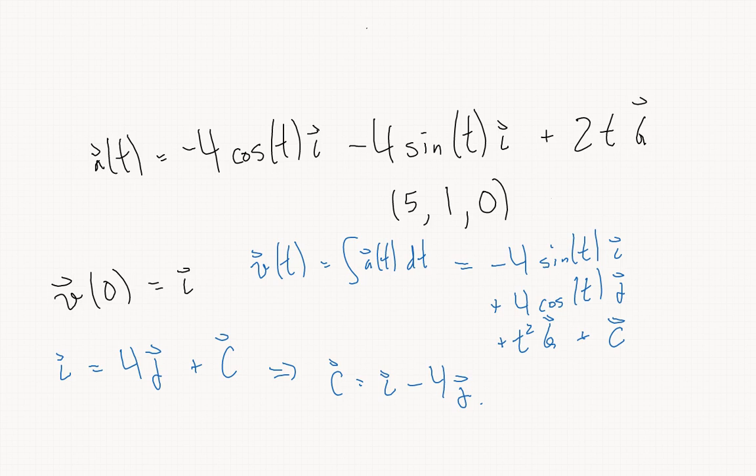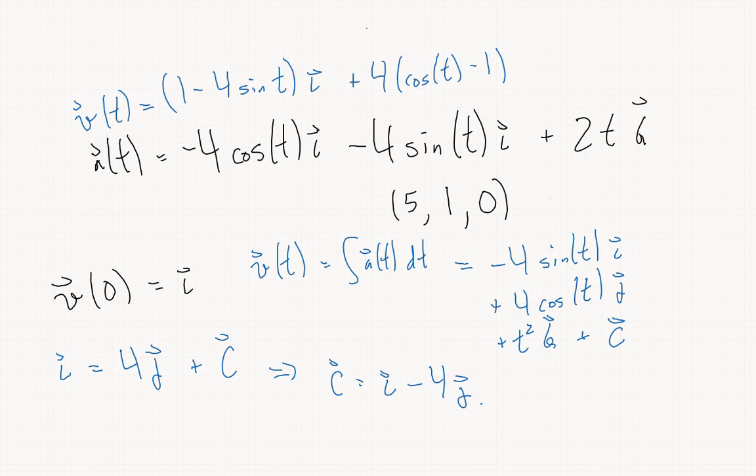So this already tells us the velocity at time t. Let me rewrite it up here. The velocity at time t is given by 1 minus 4 sine t i plus 4 cos t minus 1 j plus t squared k.